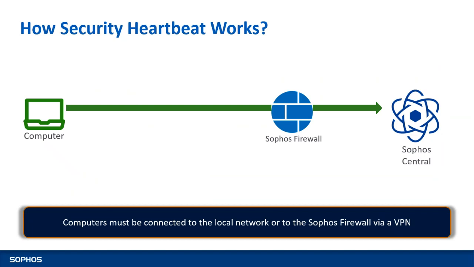Okay, so note that the security heartbeat is only supported when computers are connected to the local network or to the firewall through a VPN, and is not supported in the WAN zone. Okay?